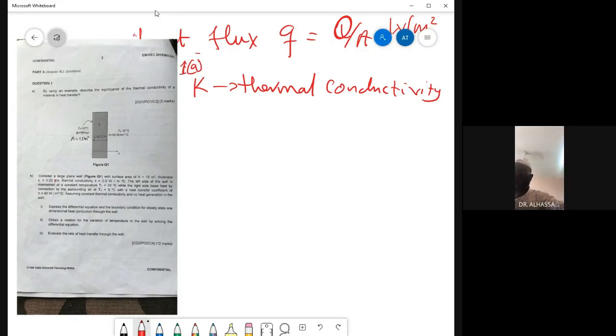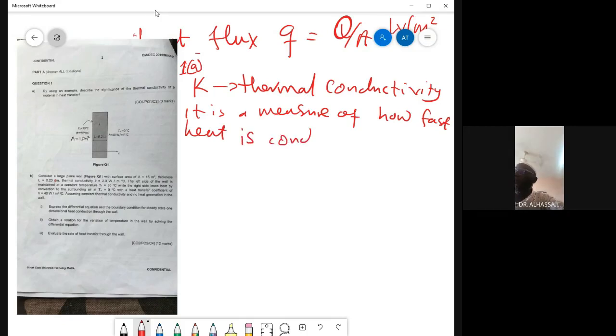Thermal conductivity, okay, we say that it is a measure of how fast heat is conducted in a material.